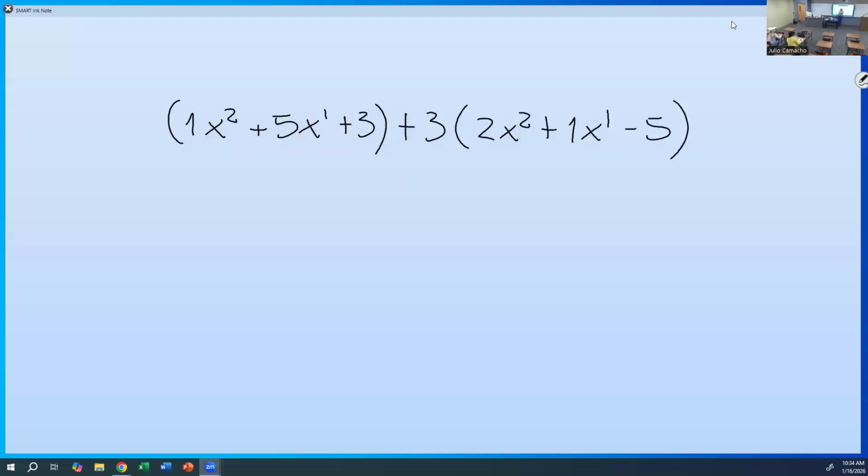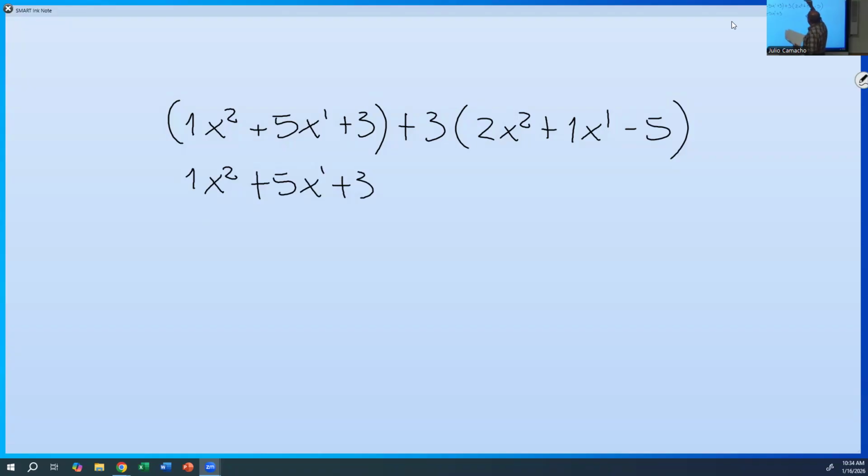Again, I don't have anything in front of the first parenthesis, therefore I can take everything out of the parentheses. There's nothing to distribute. So I have 1x squared plus 5x to the 1 power plus 3. And now I stop there because I have a number and a sign in front of the second parenthesis, and I need to distribute positive 3 inside of this parenthesis.